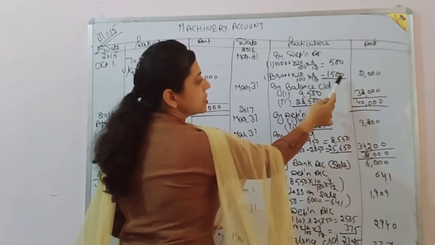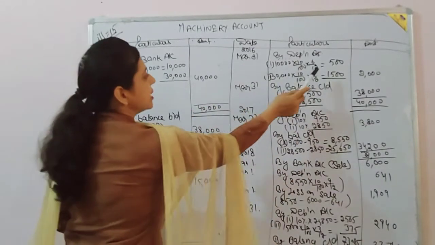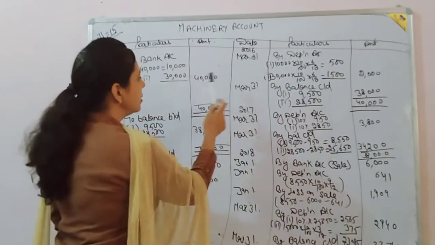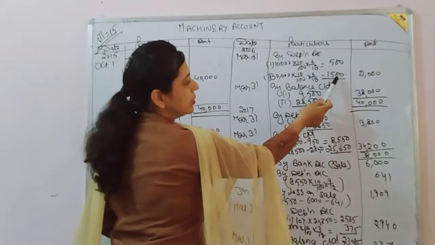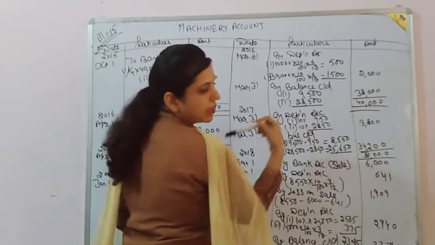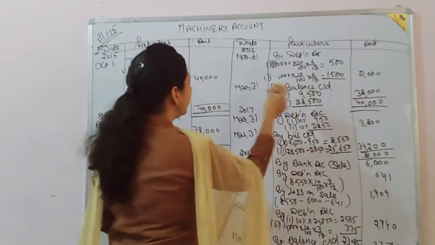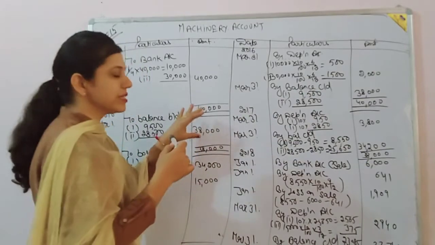So total depreciation will be 2,000. The balance: 10,000 minus 500 is 9,500, 30,000 minus 1,500 is 28,500. So the total will be 38,000, and the total of both sides, 38,000 plus 2,000, is 40,000 here and 40,000 here. So the first year is closed.